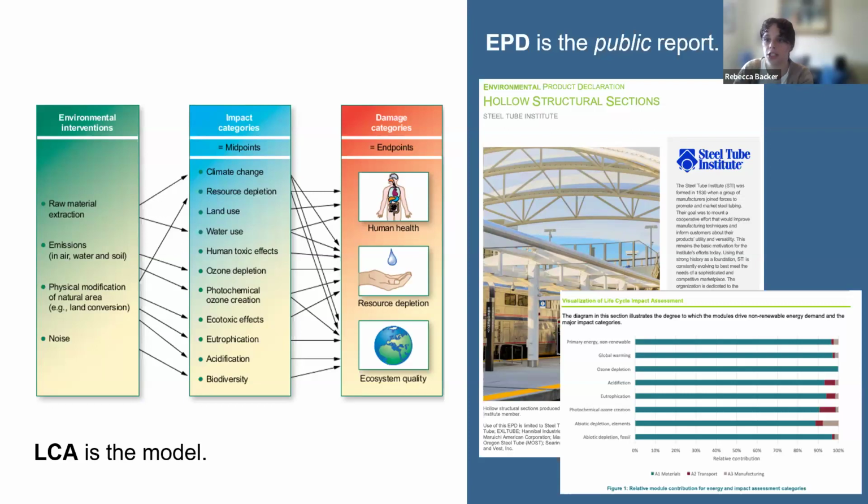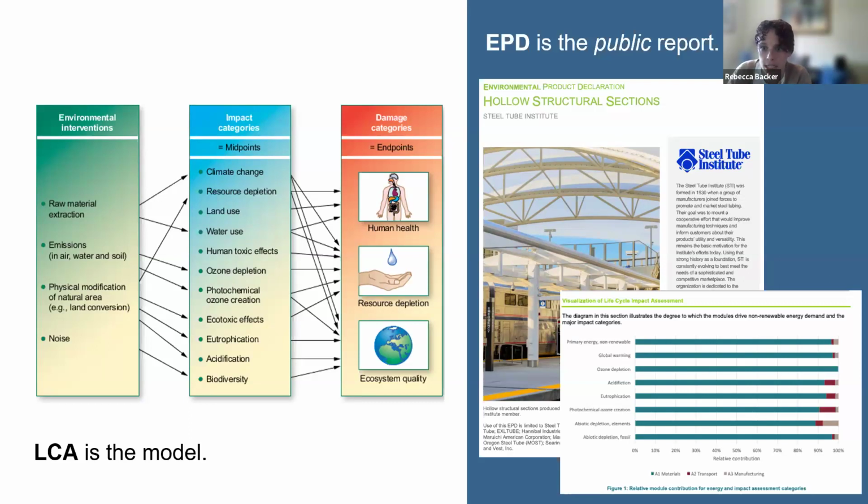Essentially, you build a model that represents, for the most part, each life cycle stage of that product: raw material acquisition, manufacturing, transportation, installation, use and maintenance, and end of life. As we'll get to in a few slides, I say generally because there are some standards and rules that change which life cycle phases of a product are or are not included in the LCA.